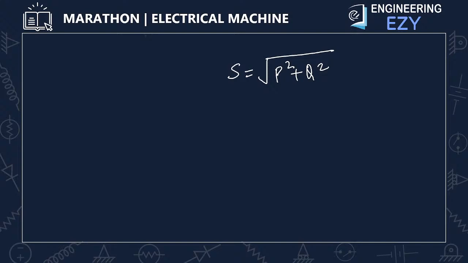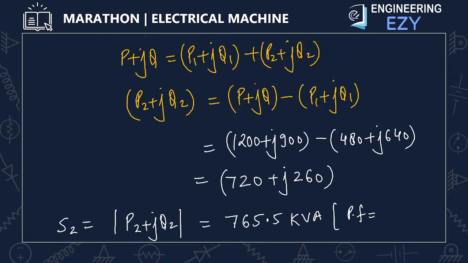Abhishek, are you checking, bache? According to me, the correct answer is 765.5 kVA. If you calculate the power factor, you can calculate it as well: 720 divided by 765. Yes, Sai Kishore is also giving the correct answer, 765 now.